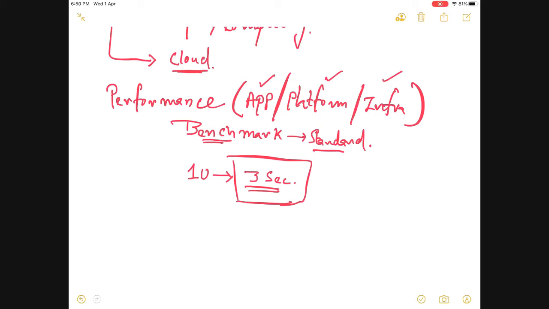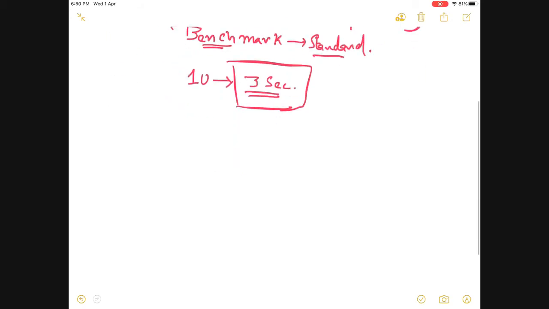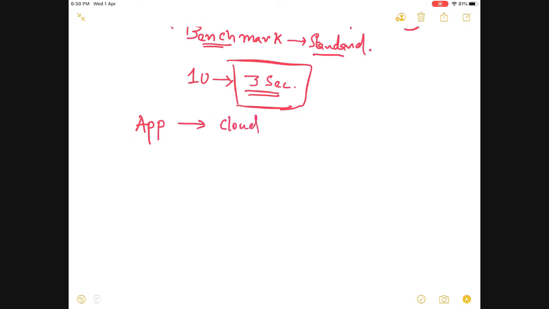Right. Now, how do I predict the performance, and why is this prediction of performance so important? The basic idea is, when I have an application and I want to deploy it on a cloud computing environment, it is very obvious that there are two components which are very crucial for this deployment.